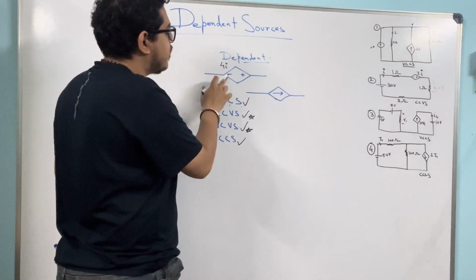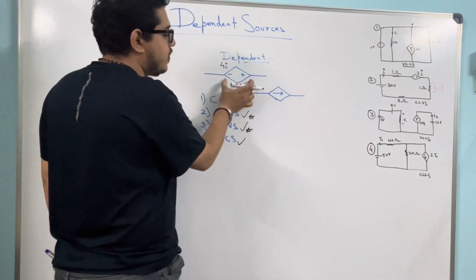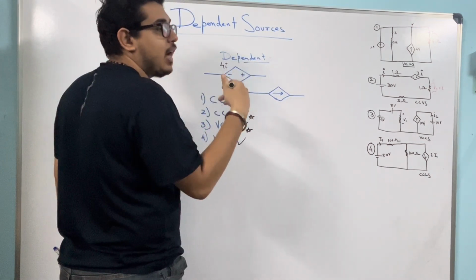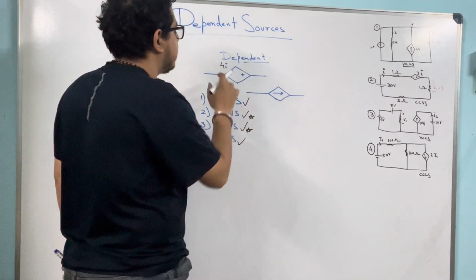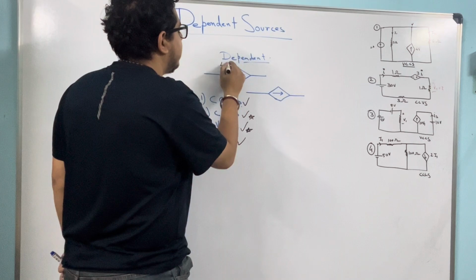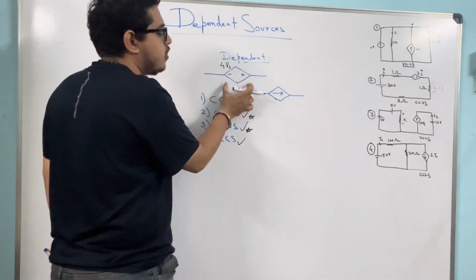And suppose the value of this potential depends on some other potential in the circuit, some other unknown value of potential, suppose 4Vs, this potential is not known to me, then this is known as voltage controlled voltage source.